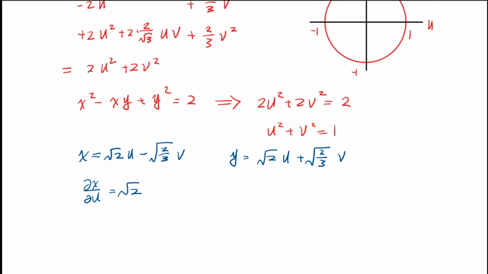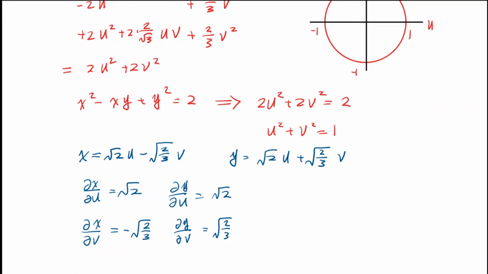And then this thing dies. Partial y over partial u is equal to just √2. That's an ugly partial derivative. Okay, partial x over partial v is equal to negative, right? And then partial y over partial v is equal to, say yes.